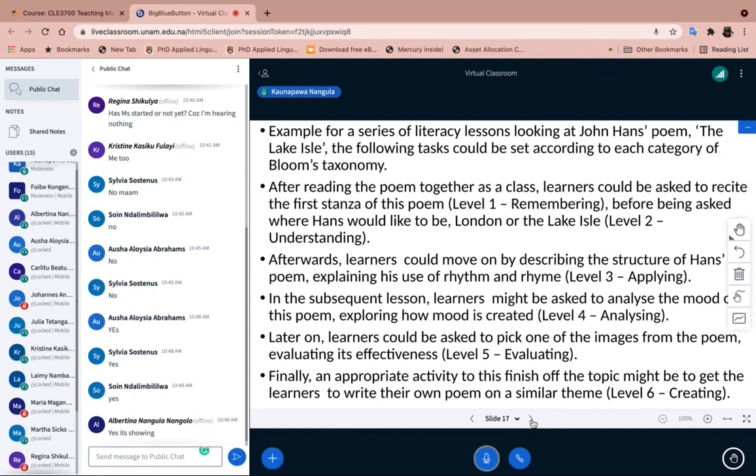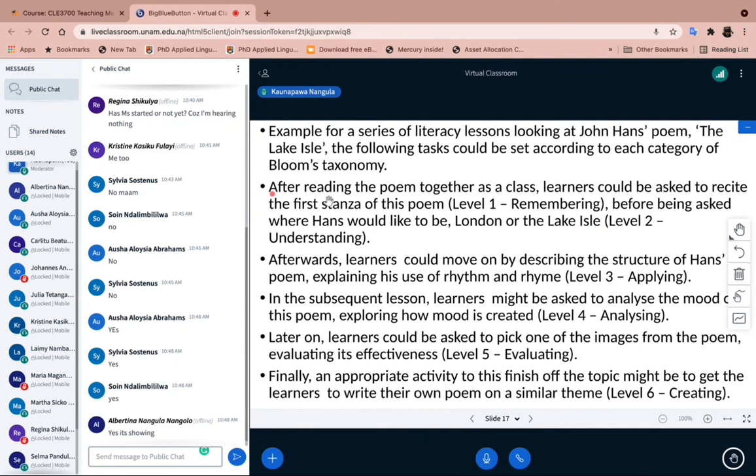All right, so here's another example that is more tangible. When you're talking about Bloom's taxonomy, let's say your lesson is concentrated around a poem. Here we've got an example, John Hans's poem, The Lake Isle. Now we are going to look at the different activities you can do at different levels of the cognitive process.